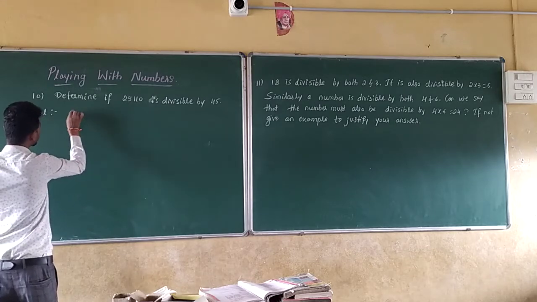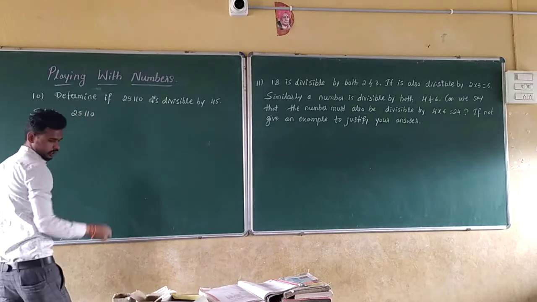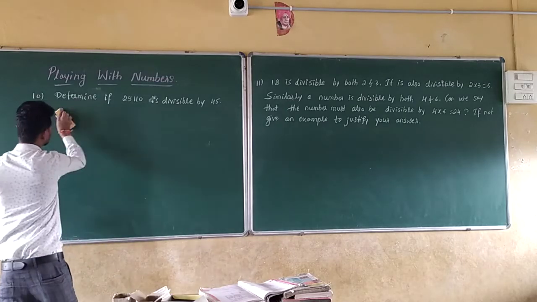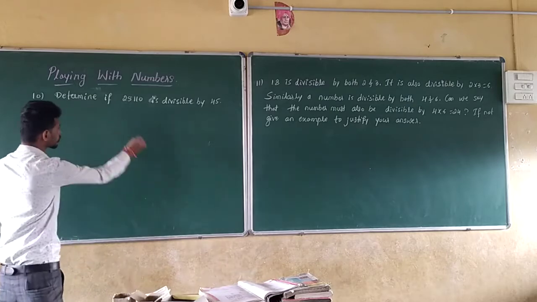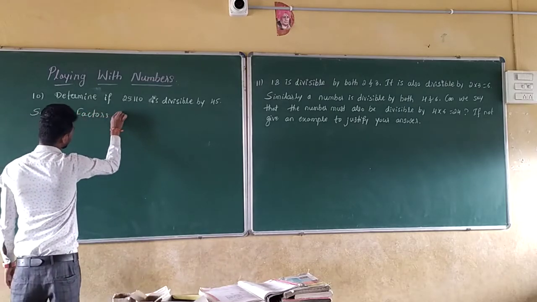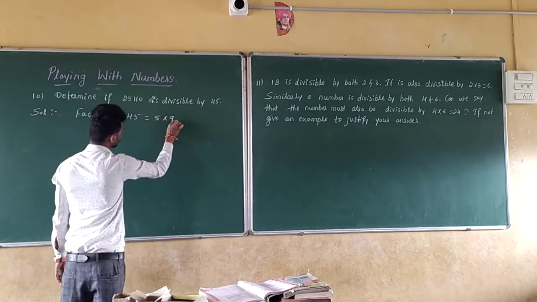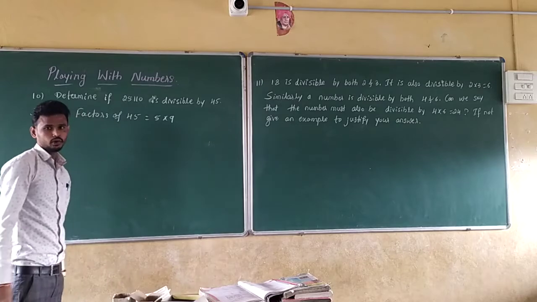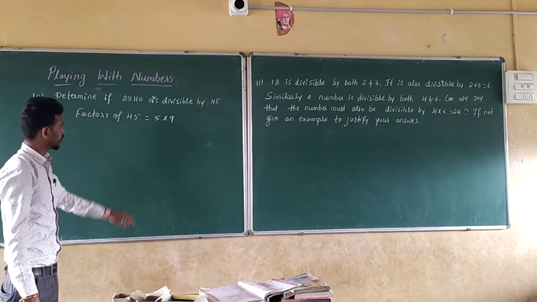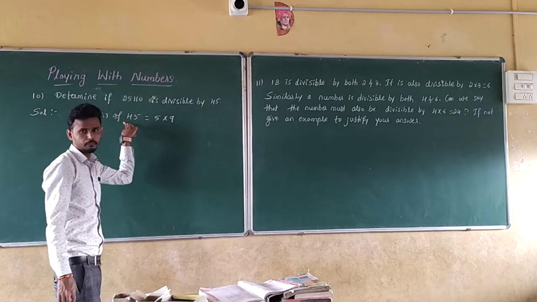Okay, here, our first try. Factors of 45, which equals 5 into 9. So if this number is divisible by 5 and 9, then it must be divisible by 45.